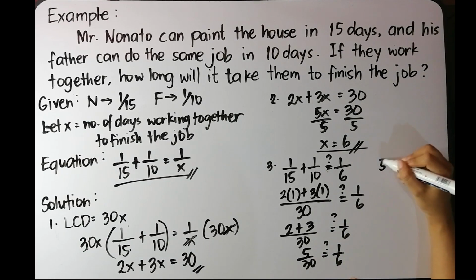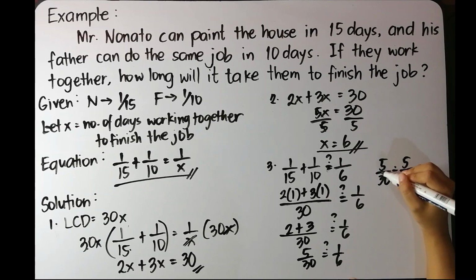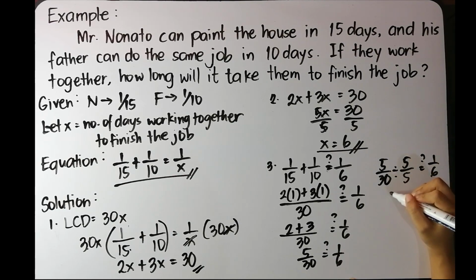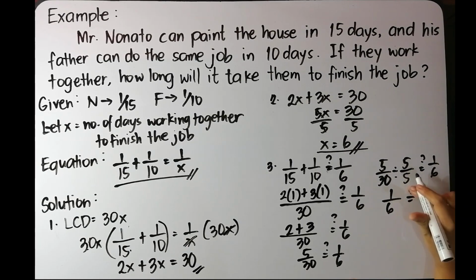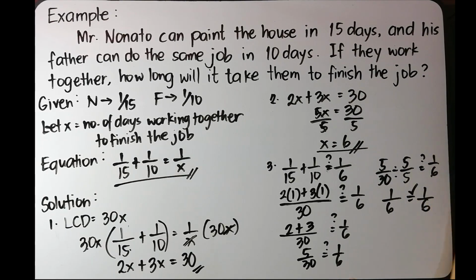How? We have to divide both the numerator and denominator by 5, because they are both divisible by 5. So we have 5 divided by 5, that is 1, over 30 divided by 5, that is 6. So as we can see, 1 over 6 is equal to 1 over 6.